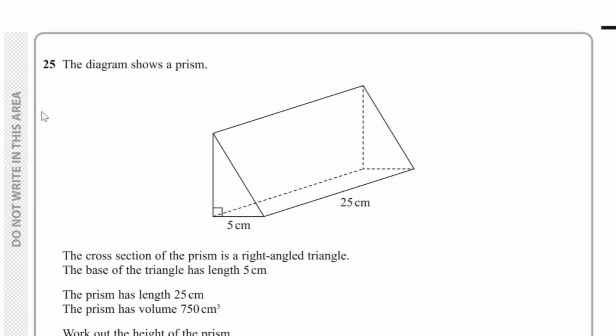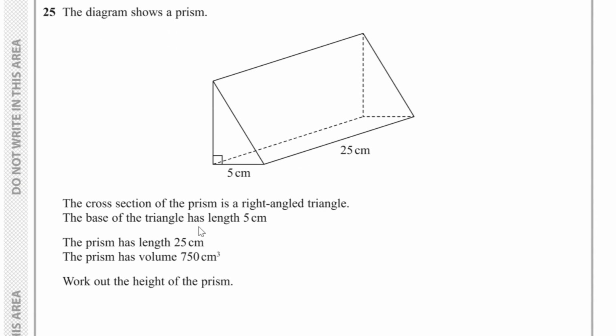Question number 25. The diagram shows a prism, as we see here. The cross-section of the prism is a right-angled triangle. The base of the triangle has length 5 centimeters. The prism has a length of 25 centimeters, and the prism has a volume of 750 centimeters cubed. We have to work out the height of the prism. Well, what we can do is find out the cross-sectional area.